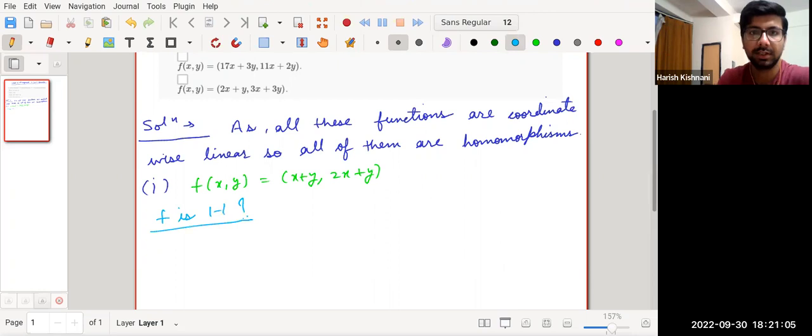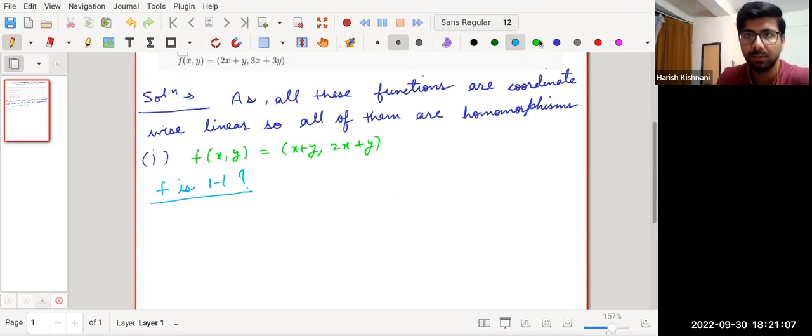For that, we assume that for two elements f has the same image.